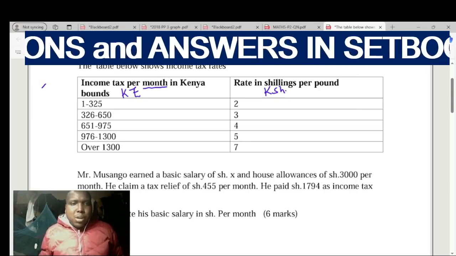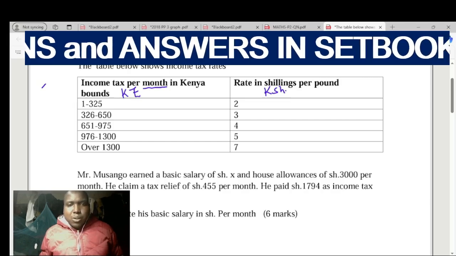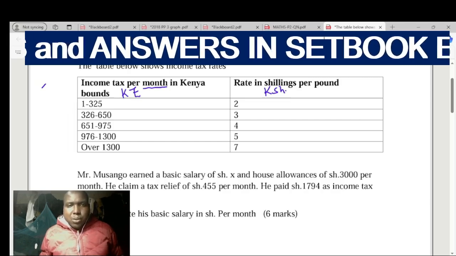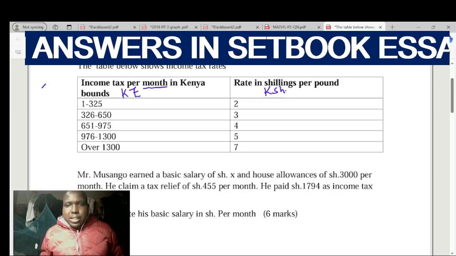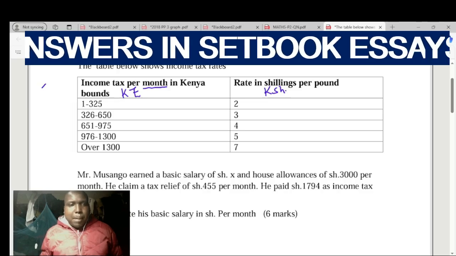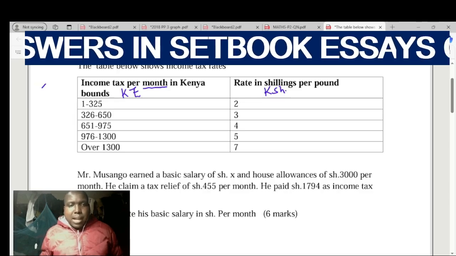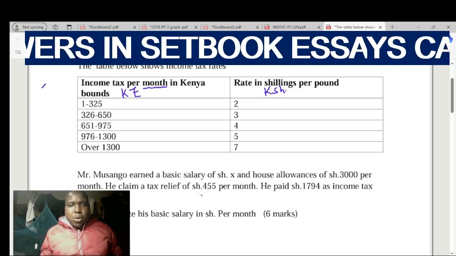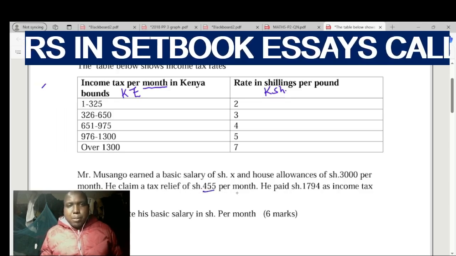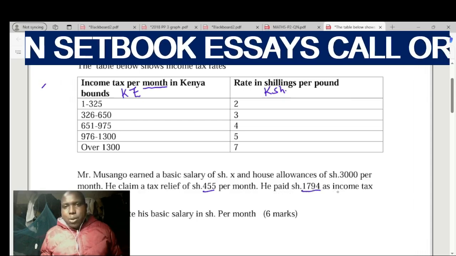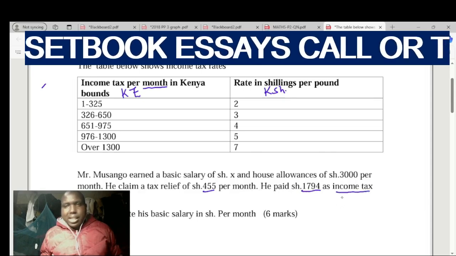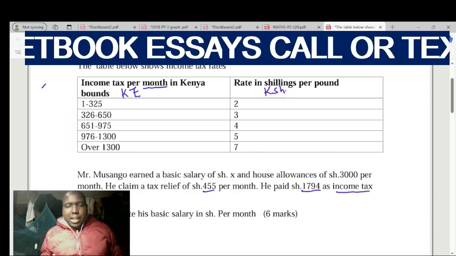So Mr. Msango earned a basic salary of Kenya shillings X, and a house allowance of shilling 300 per month. He claimed a tax relief of 455 per month. He paid shilling 1794 as income tax per month.